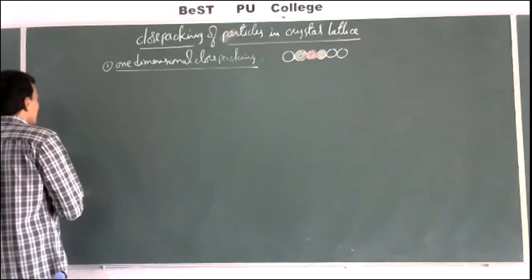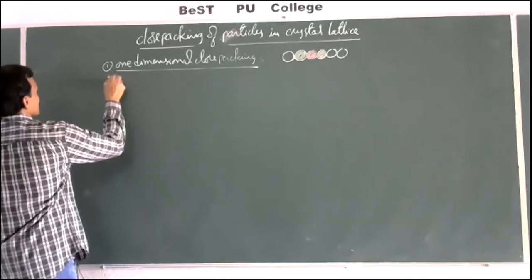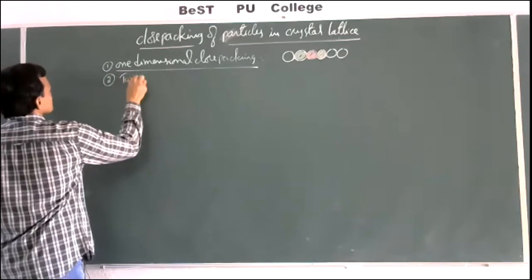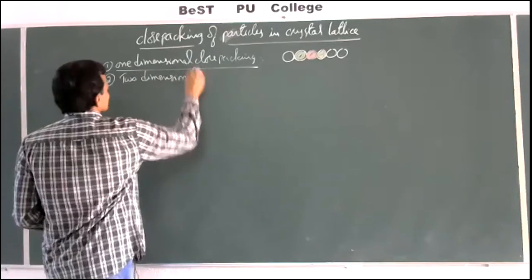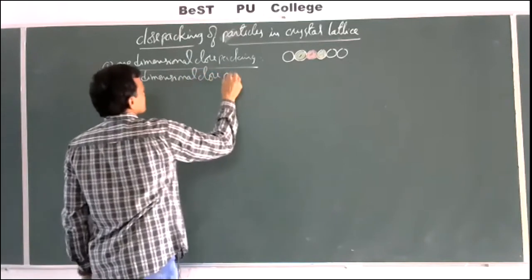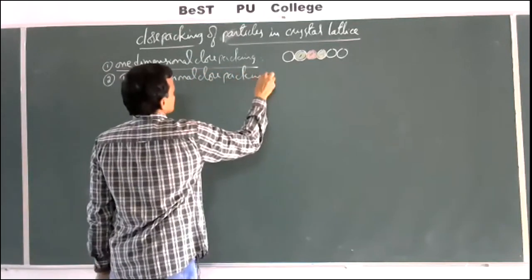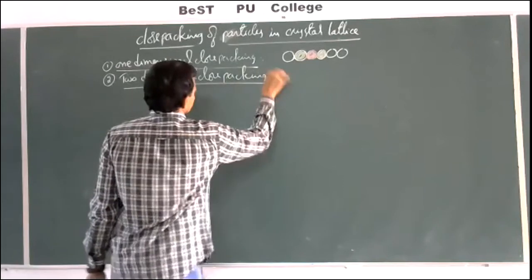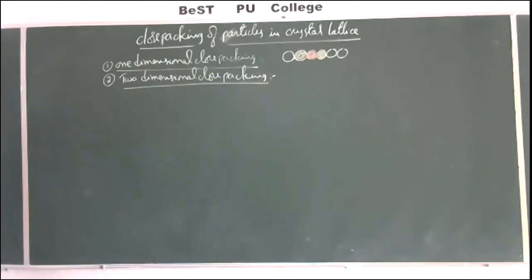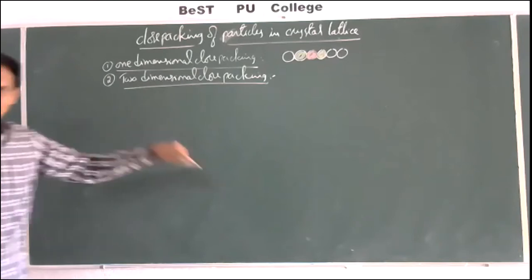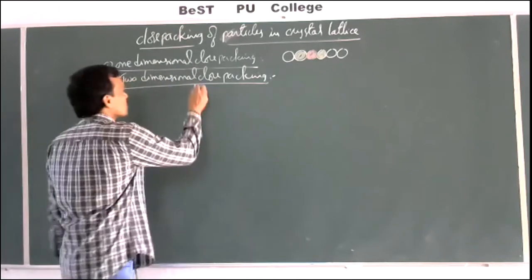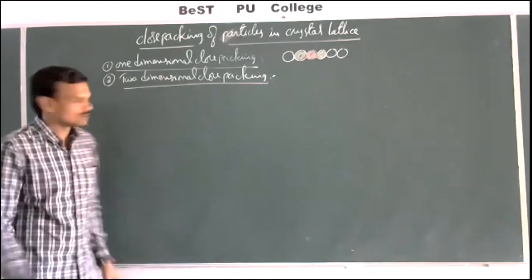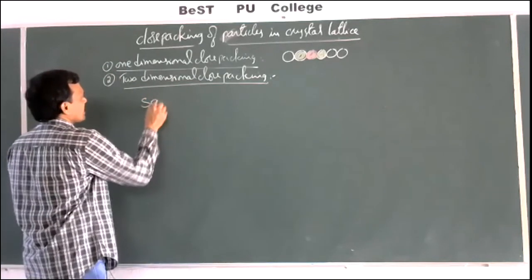Now I'll go for two-dimensional close packing, from one-dimensional close packing. Again here, two types of close packings we can get.